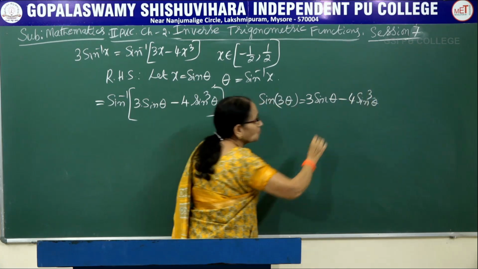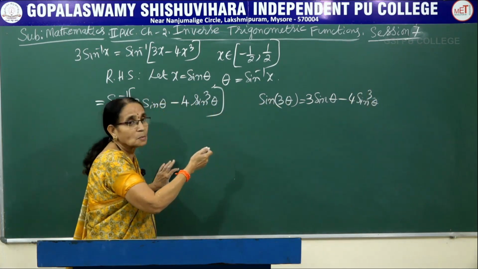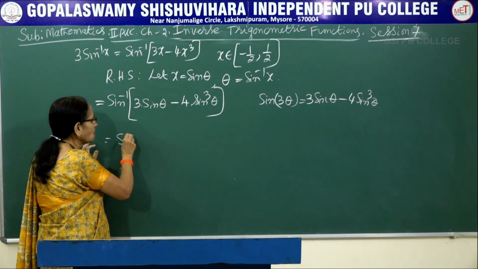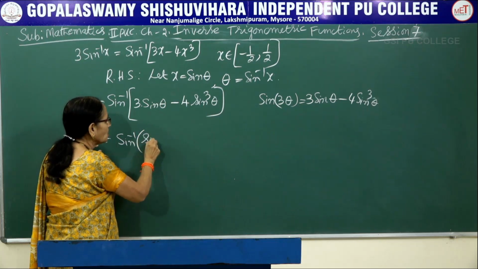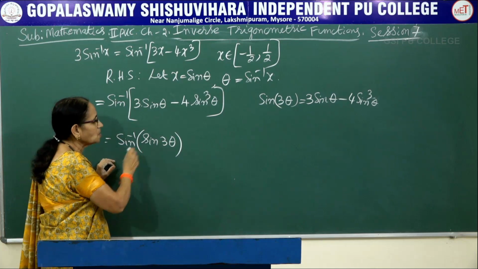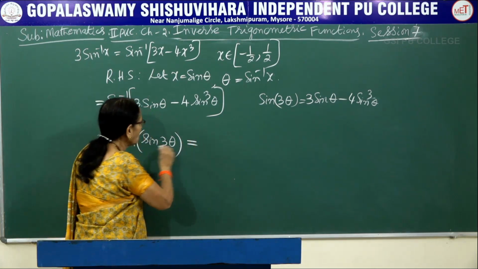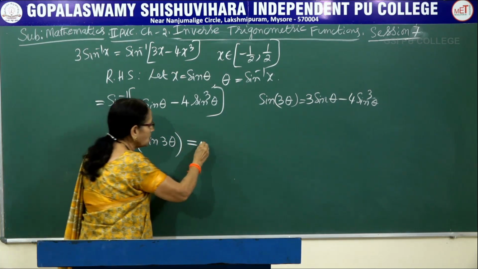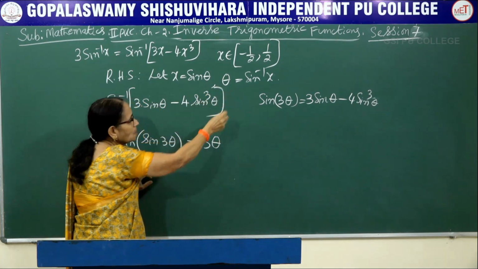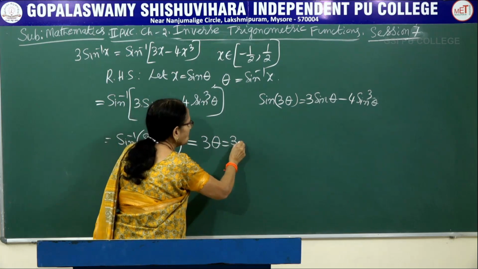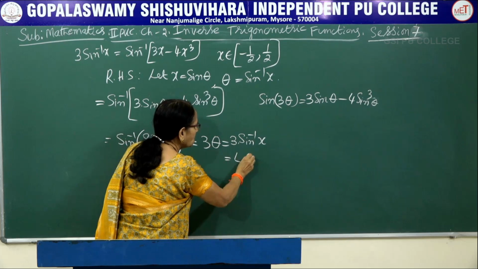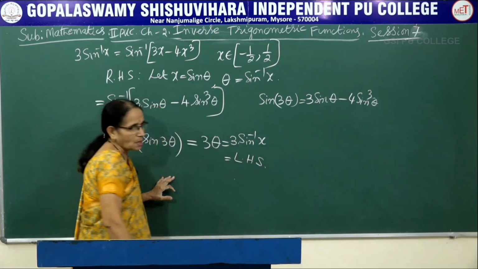We have studied this in first year PUC about the multiple angle formulae. That means that this can be written as sin inverse of sin of 3 theta. So, sin inverse of sin x would be equal to x. I can write it as 3 theta. But what is theta? Theta is sin inverse x. Therefore, it is 3 times sin inverse x. In this case, it is the left hand side.